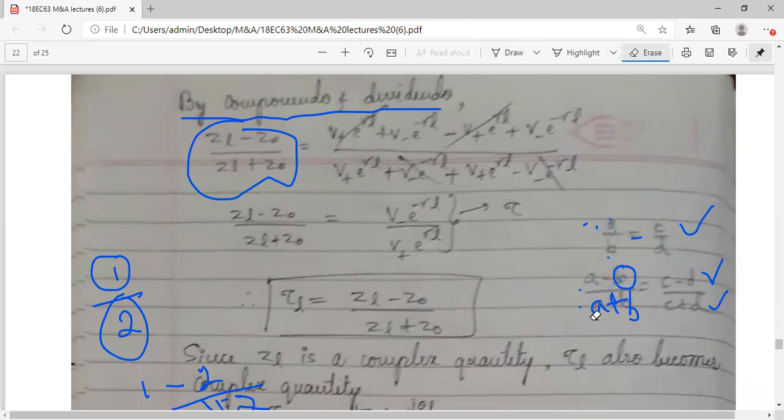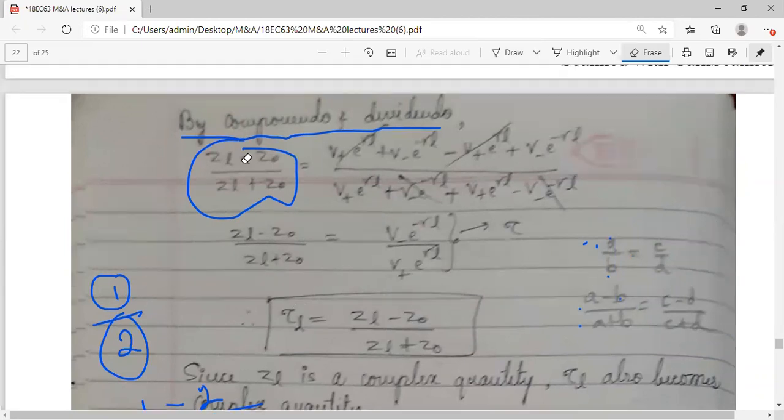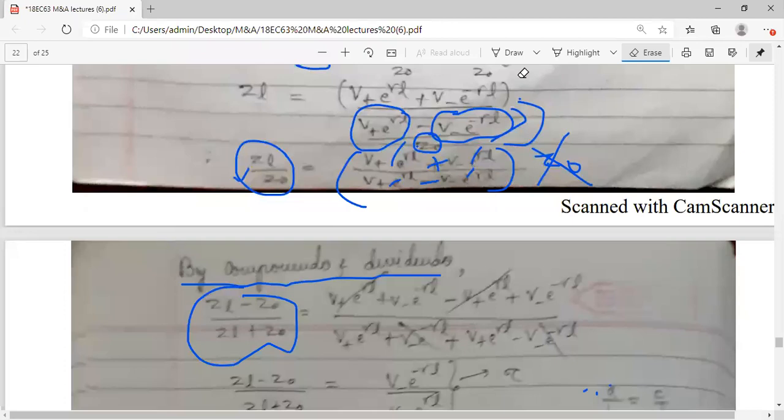By making use of this rule, let us continue the solution of the equation so that we can arrive at the reflection coefficient equation. If I use the componendo and dividendo rule for this particular LHS, numerator is ZL, so the first term I have written is ZL.